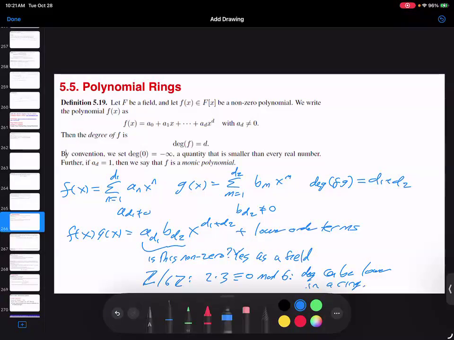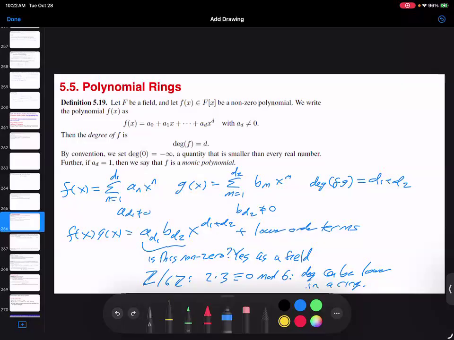So whenever you see a definition, you always want to focus on, are these conditions necessary? Do we really need F to be a field? Well, we're still going to have a lot of results if F is not a field, but it's good to try to get a sense of where this might be useful. And so the degree of a polynomial is going to just be the highest power of x.